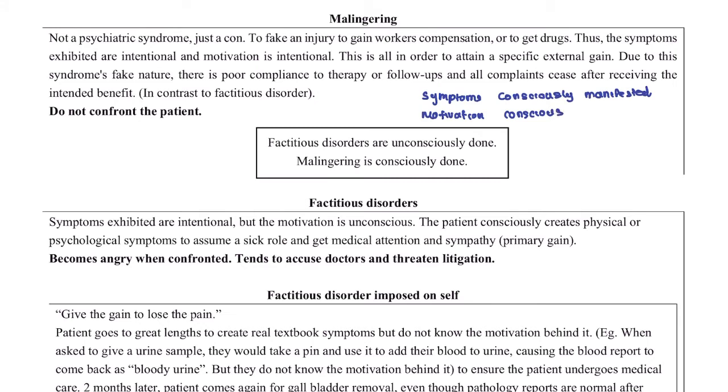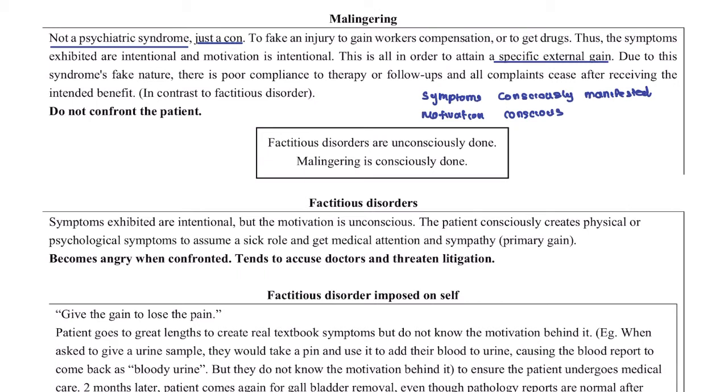This is usually when, think of a person who's seeking drugs. So it's just a con, and it's not a psychiatric syndrome. There's nothing wrong with them, except that they're trying to cheat you in trying to get some sort of reward, such as drugs or money, something. Symptoms are intentional, motivation is intentional. This is for a specific external gain.